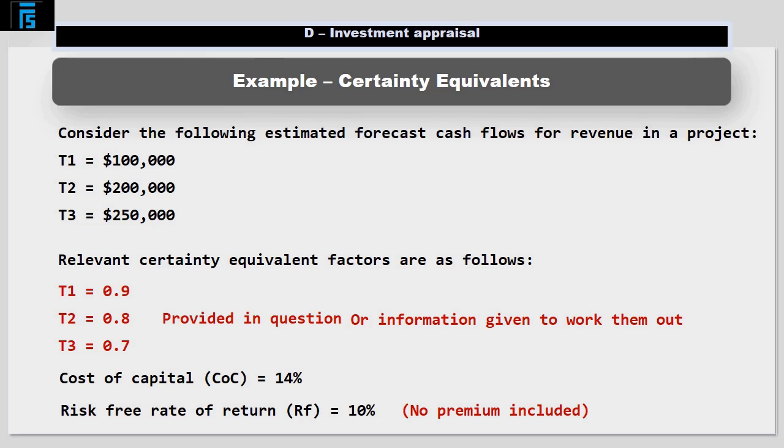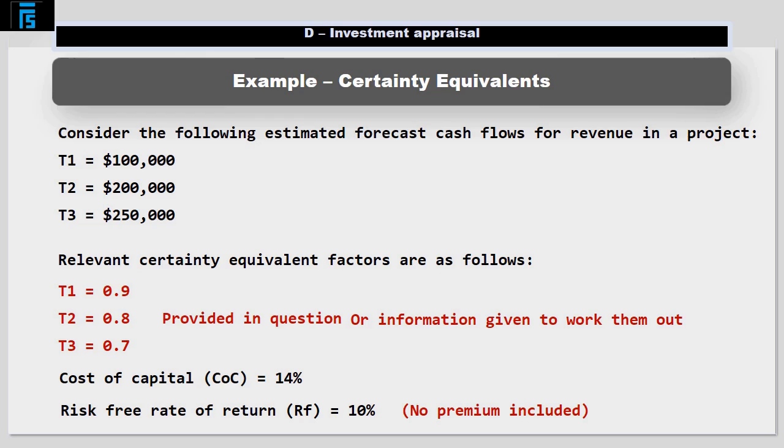T1 $100,000, T2 $200,000, and T3 $250,000. Relevant certainty equivalent factors are as follows: T1 0.9, T2 0.8, T3 0.7.